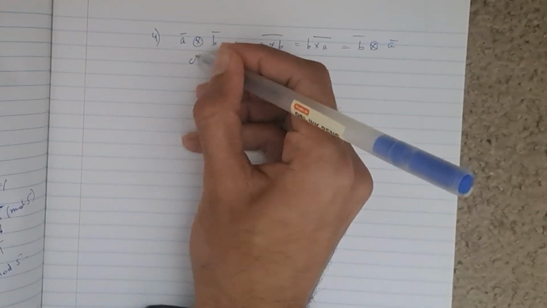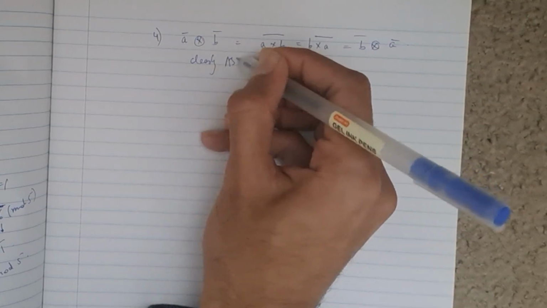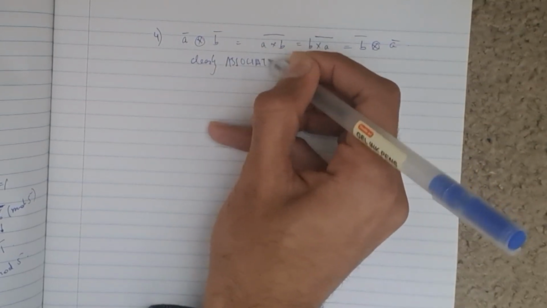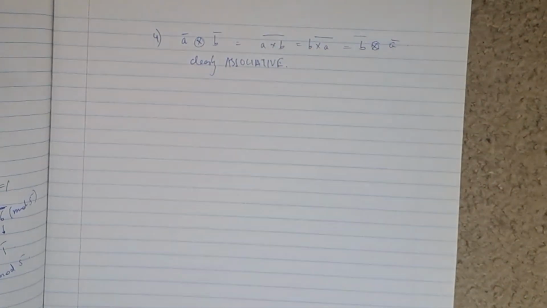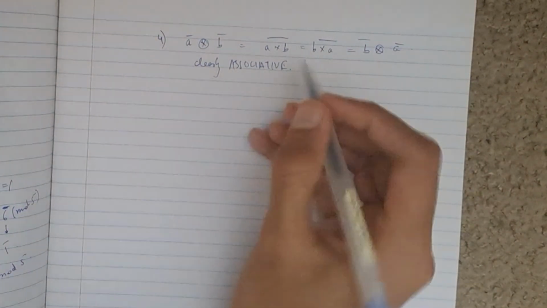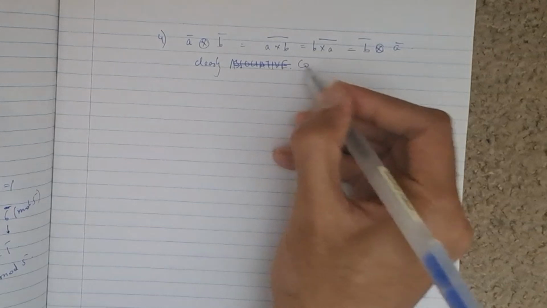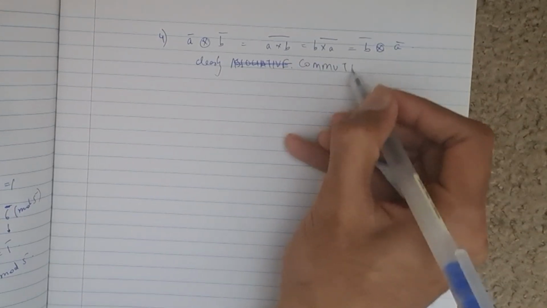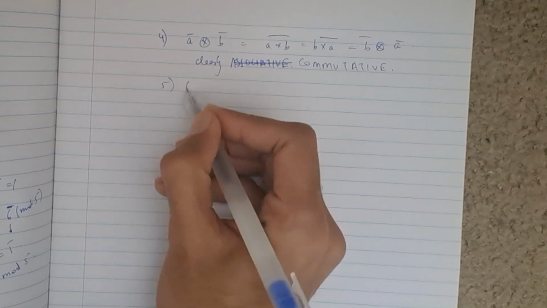So clearly associative. No, sorry, this is actually the argument for commutativity. Commutative. And it is also associative.